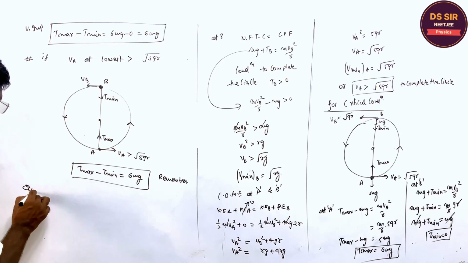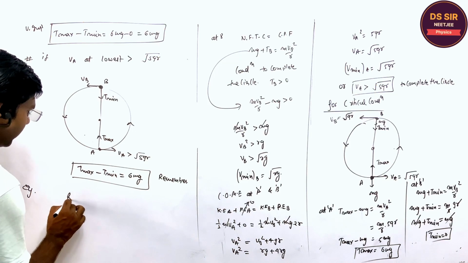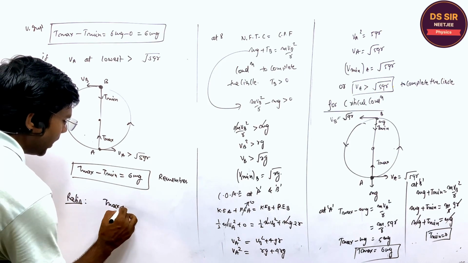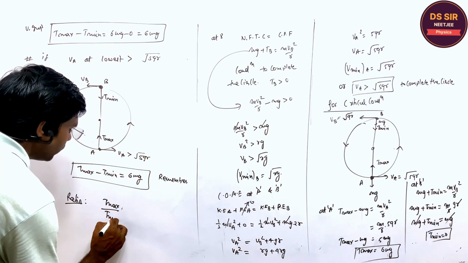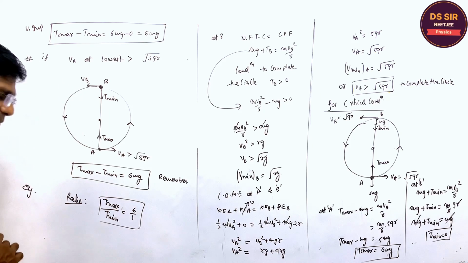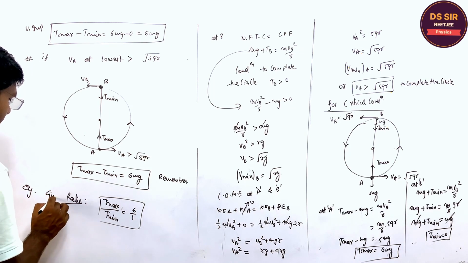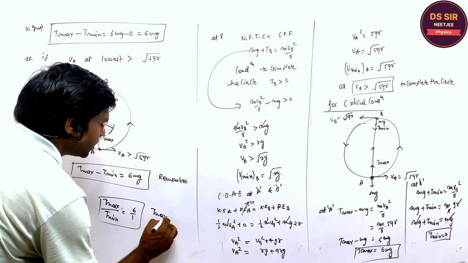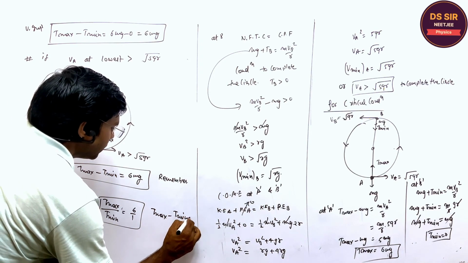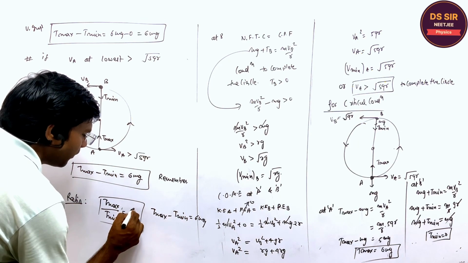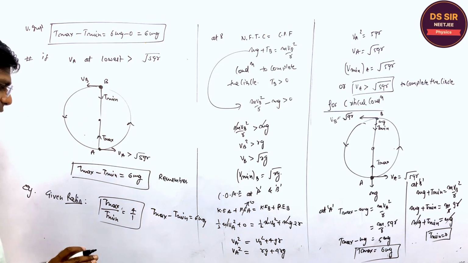I'm writing one example. They will give you an example where they use the ratio. The Tmax and Tmin ratio they will give is, say, 6:1. They will give the ratio, 10 or 5 or 4, whatever they give, and you will use the equation Tmax minus Tmin is equal to 6 mg by yourself.